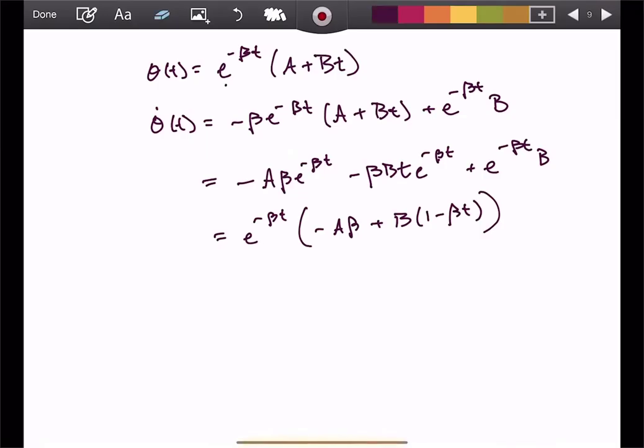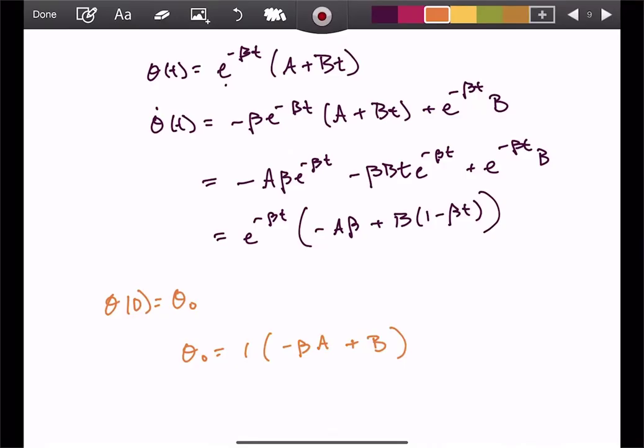What we know is that theta at 0 is equal to theta 0. So let's plug that in. I get theta 0 is going to be equal to 1 times minus A beta plus B. Let's see, am I forgetting anything?